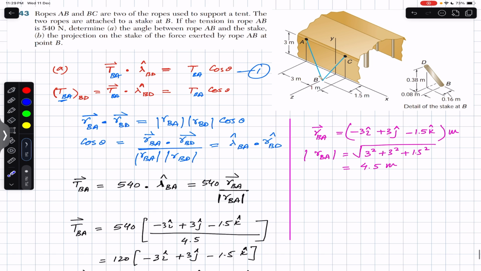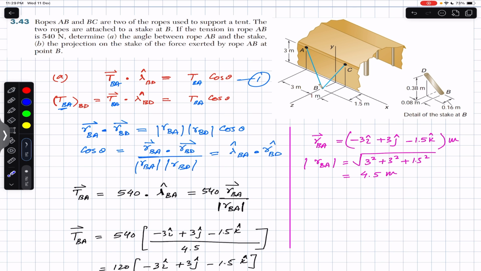Now in the second part, we need to find the projection on the stake of the force exerted by rope AB. So we want to find the projection of the tension along BA onto the stake. As we know, the projection of the tension from B to A onto BD is equal to TBA cos of theta.